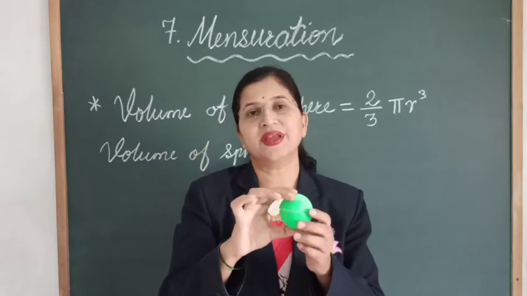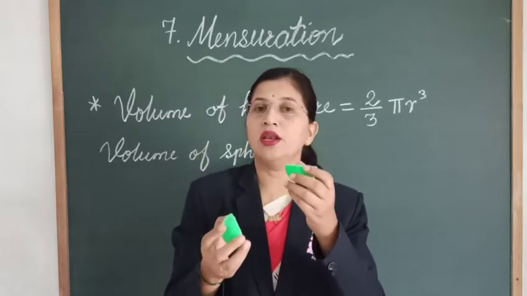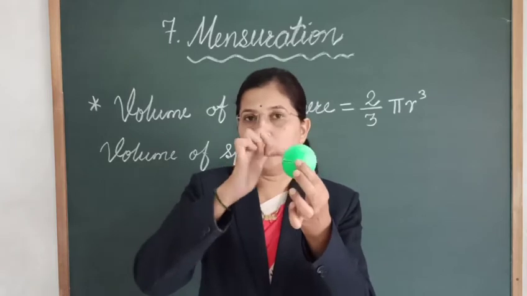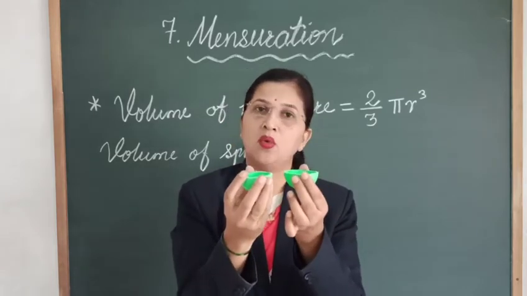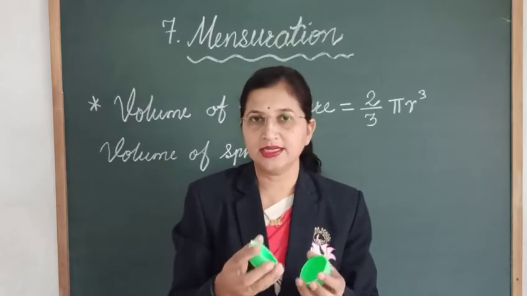So from this we can conclude that the volume of a sphere is equal to 2 times the volume of a hemisphere, right?